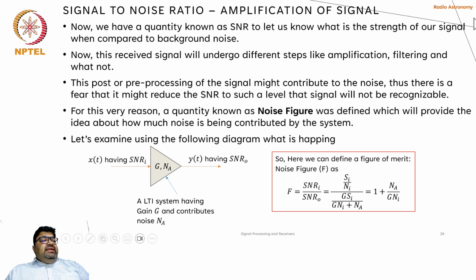When we detect the signal, the received signal will undergo steps like amplification, filtering, etc. This post-processing might also contribute to the noise. Thus, there is a fear that it might reduce signal to noise to such a level that the signal will not be recognized. For this reason, a quantity called noise figure was defined, which provides an idea about how much noise is being contributed by the system itself.